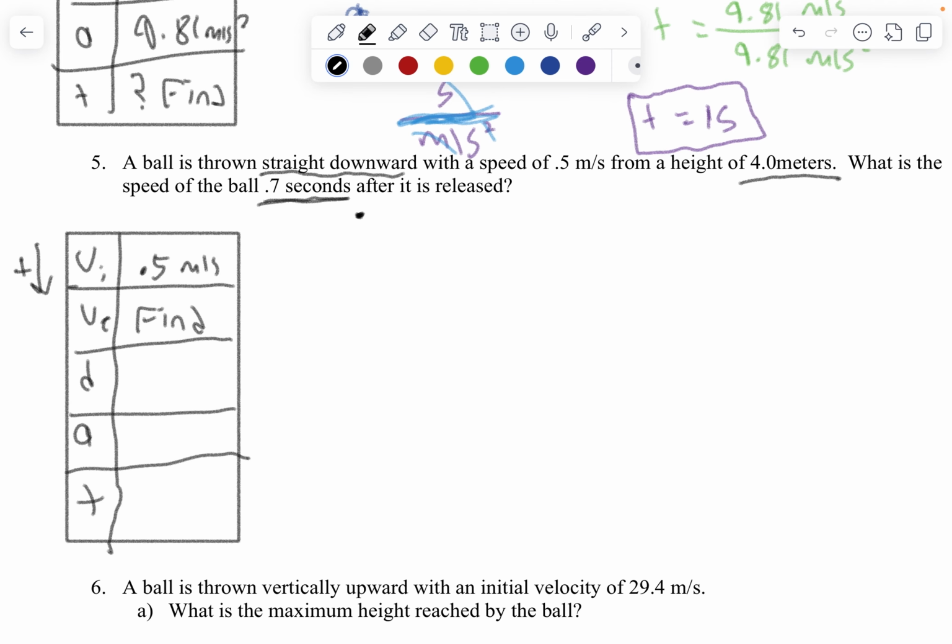We're just trying to find the speed after you drop something for 0.7 seconds. So the height of 4 meters is irrelevant here, and you can write NA, not given anything about it. And then the time, we're given 0.7 seconds. And then acceleration, well, remember, on Earth, it's 9.81 meters per second squared.